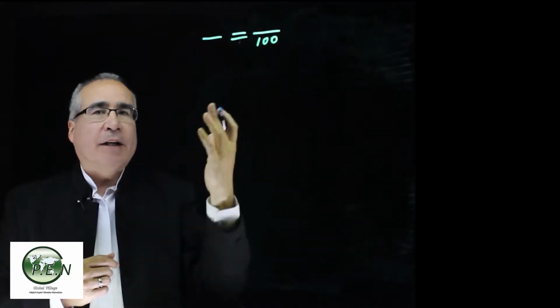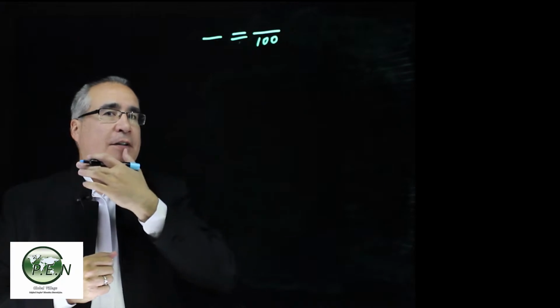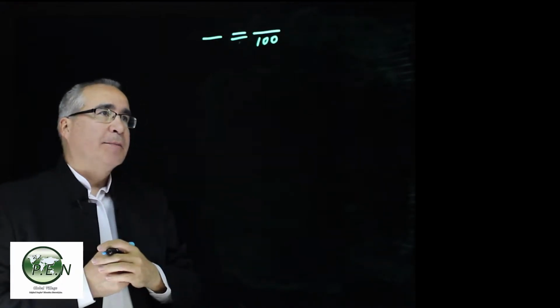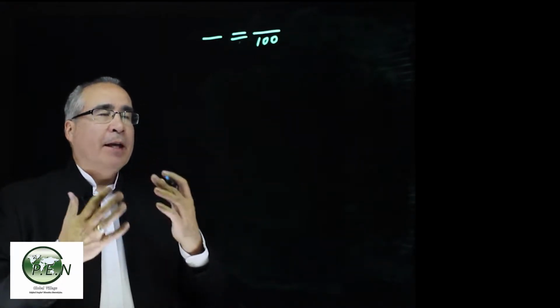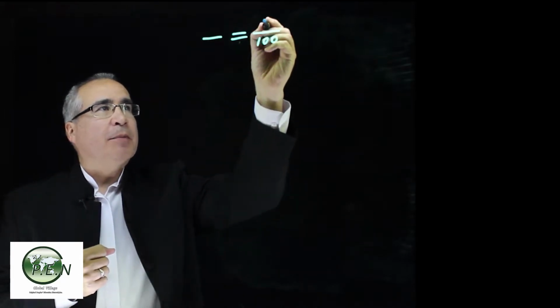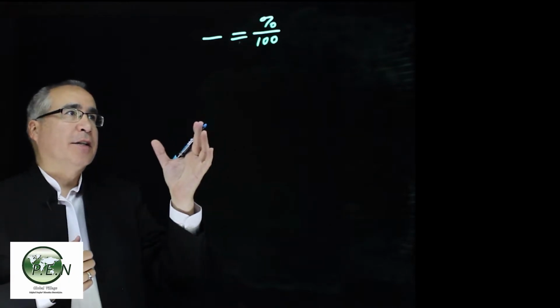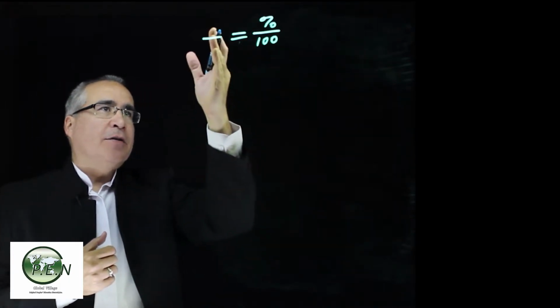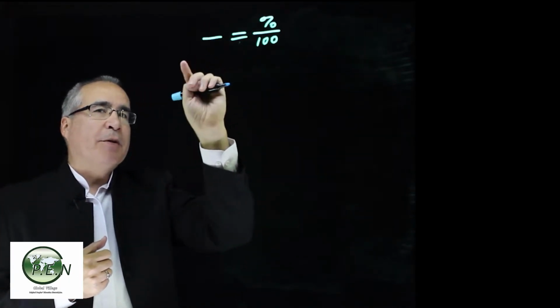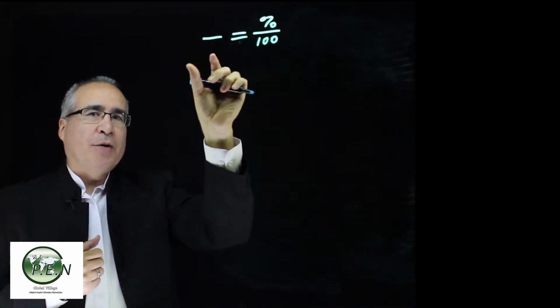On the other side, this is a proportion, two fractions that are equivalent to each other. And what always resulted was up above the 100, that's going to be our percentage. On the other side, there was a fraction, and remember, a fraction is a part of a whole.